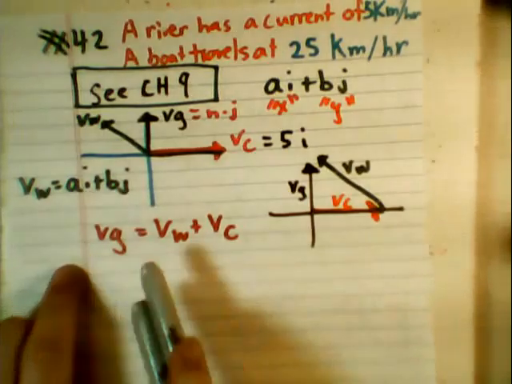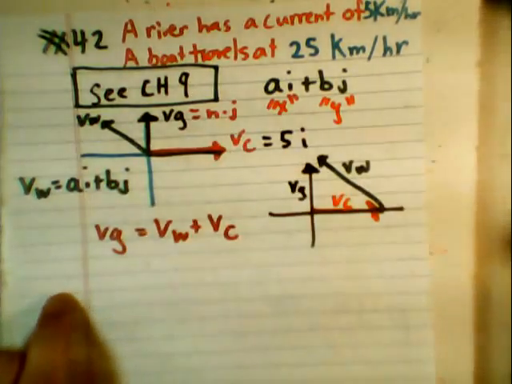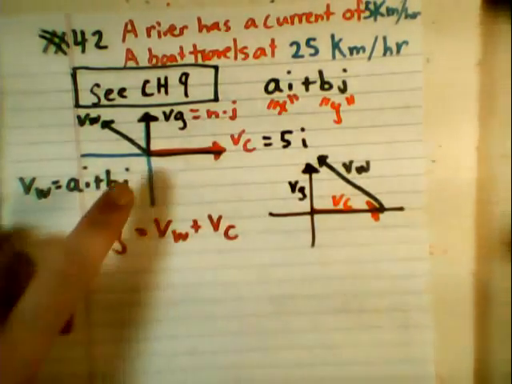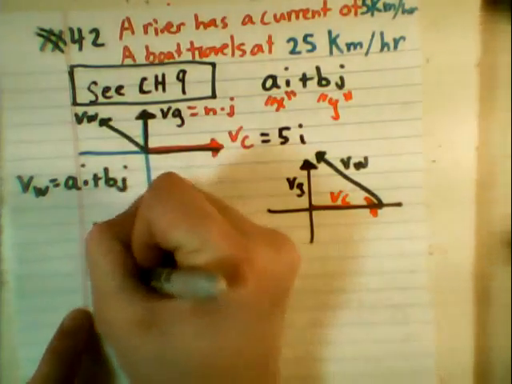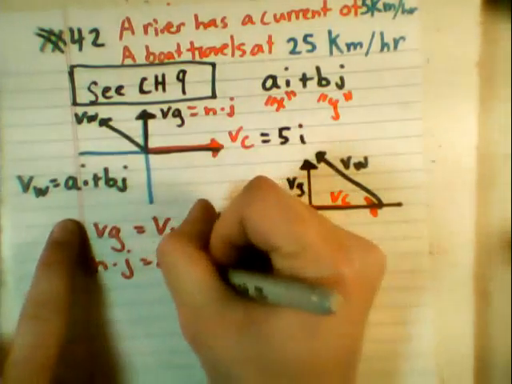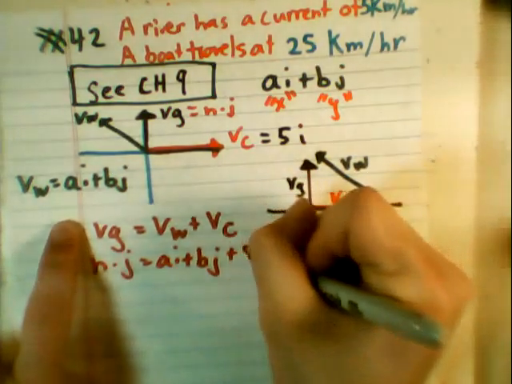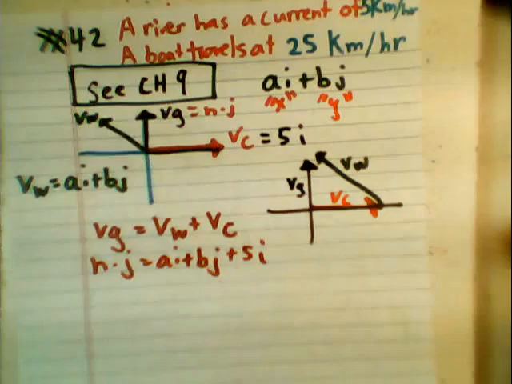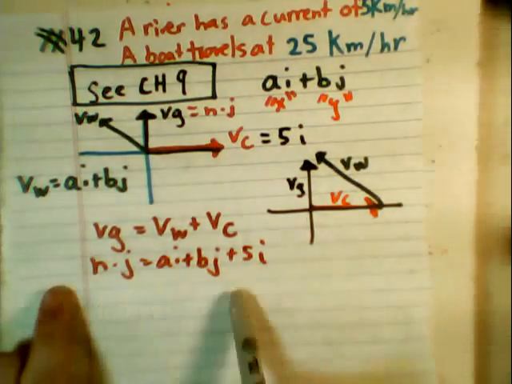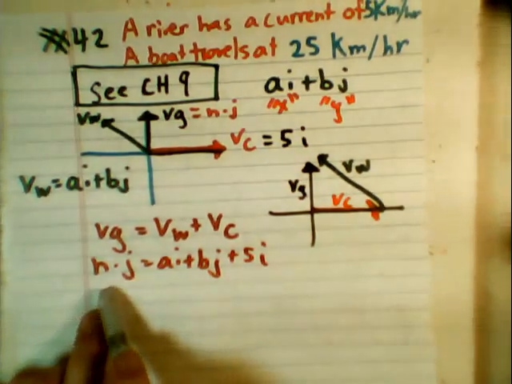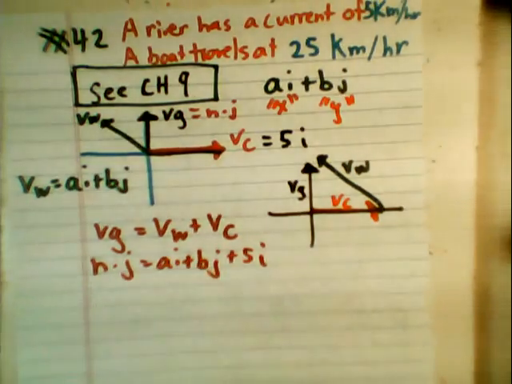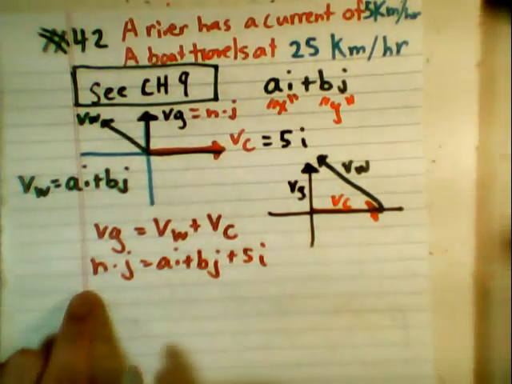Okay, so knowing this, now let's substitute what they equal in. So we have VG, which is n times j, which equals Ai plus Bj plus 5i. When you do this, you should remember that they should always have equal components.